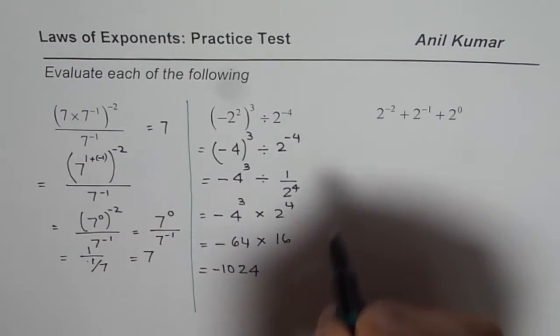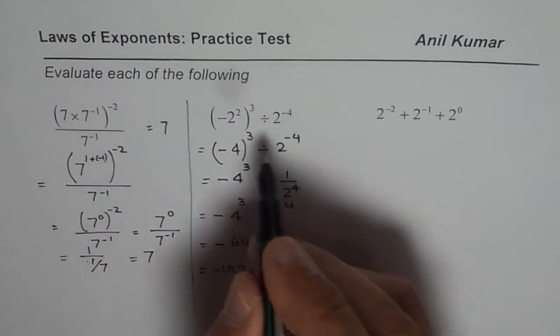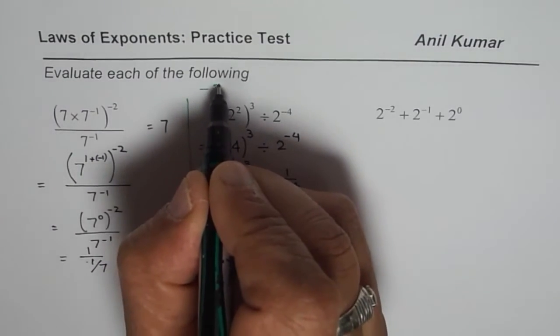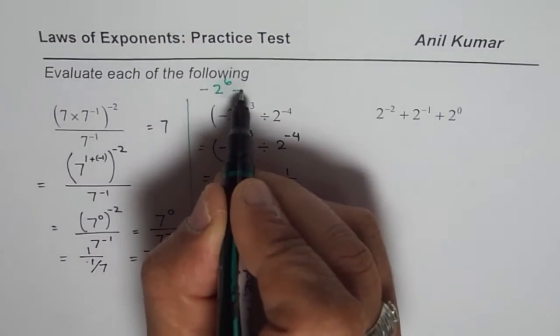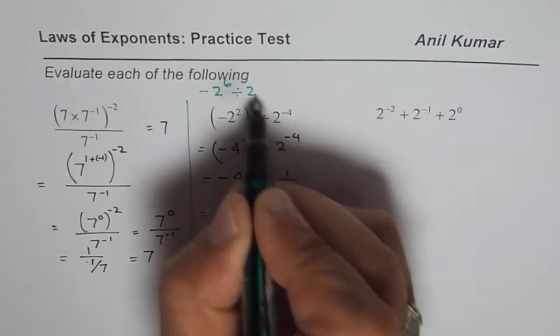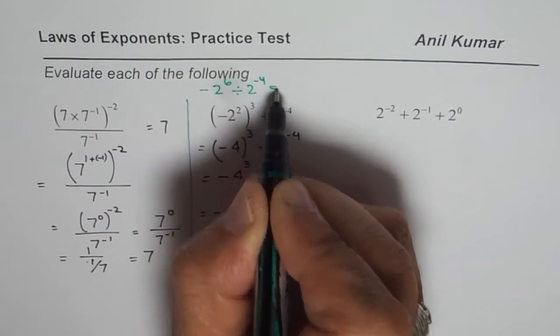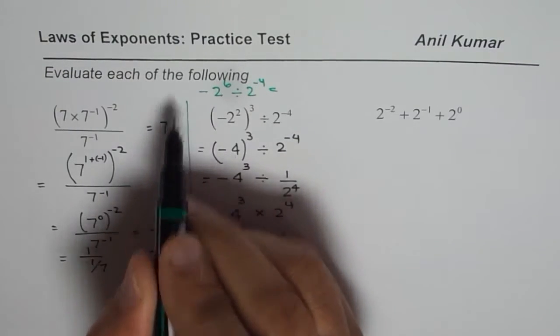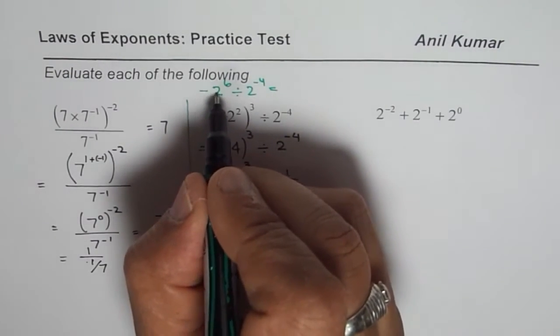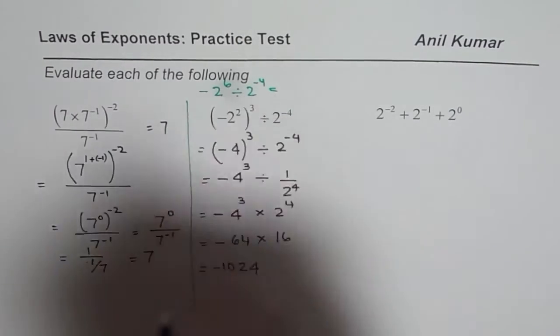So we get minus 2 to the power of 6, divided by 2 to the power of minus 4. When you divide, you have to subtract the exponents. We'll keep this minus separate and think about 2 to the power of 6 divided by 2 to the power of minus 4.